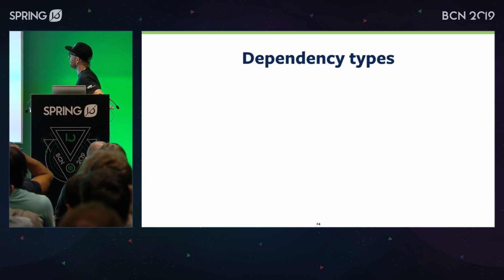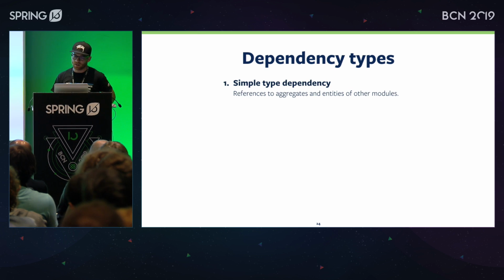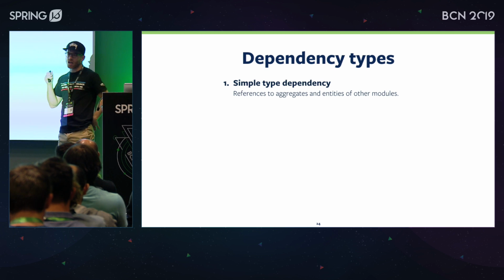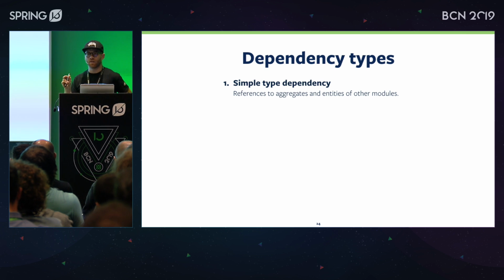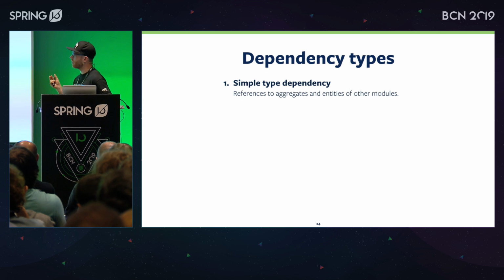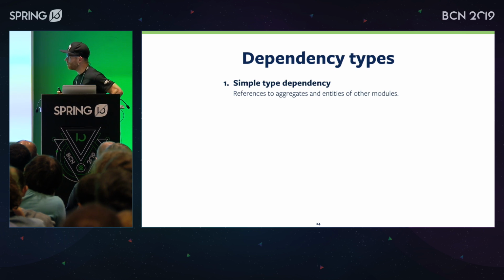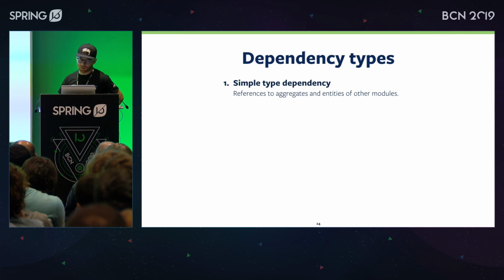20 minutes. Okay. So the thing is that Modulith basically understands and differentiates between 3 types of dependencies as of today. I haven't really found an important third or fourth category. If you happen to play with it and think things should be improved, please provide feedback. I always appreciate it.